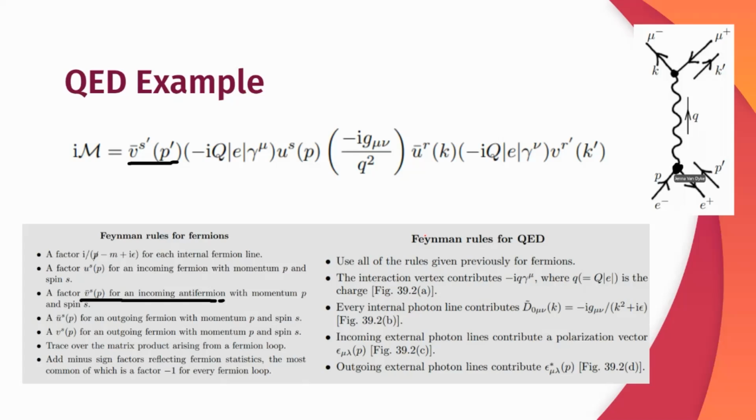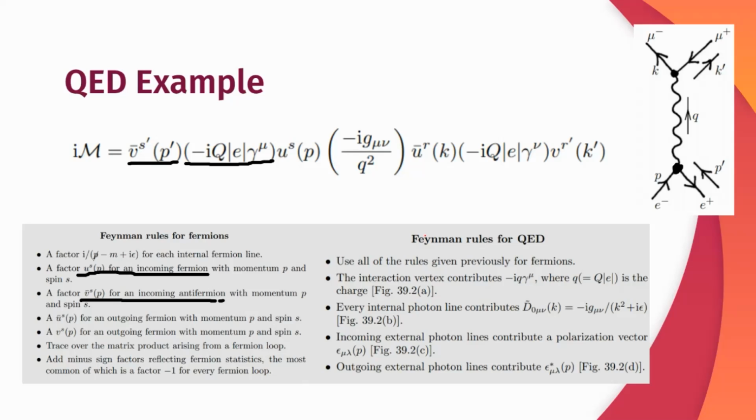And so we can see in the Feynman rules for QED that an interaction vertex contributes a factor of iQ gamma^mu or negative iQe gamma^mu, which we're going to put right here. And then next we have our incoming electron, which we can see is denoted by this u_s(p) right here. And then so these two particles are going to come together and turn into the virtual photon.